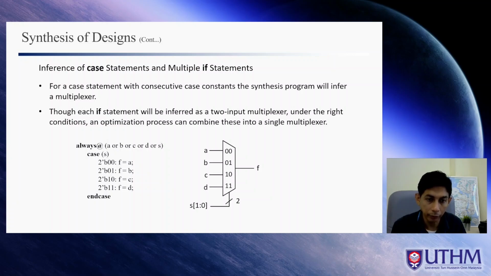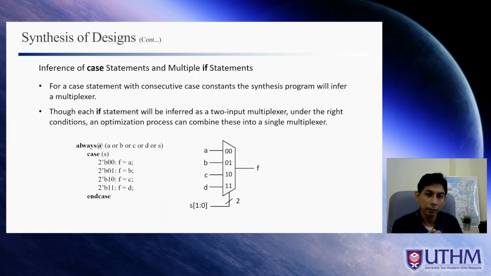If you use if-else, it is for two cases. If A equal to 1, what happened? Else means that if A equal to 0, what happened? So A has only two conditions, right?